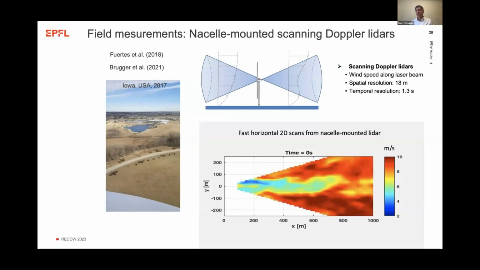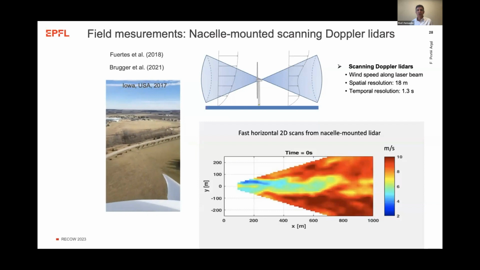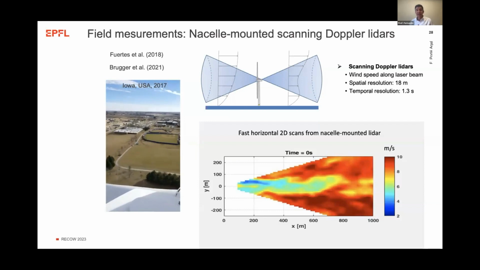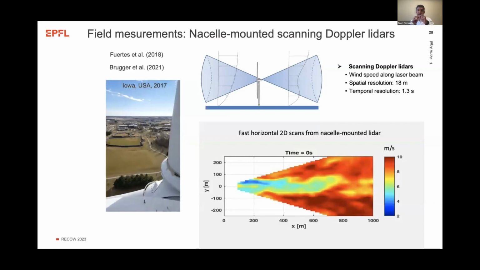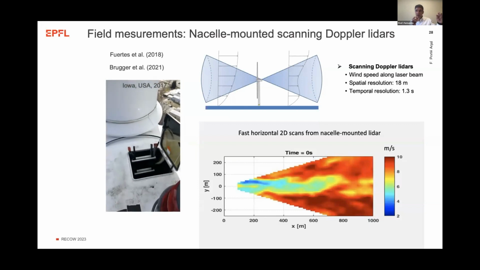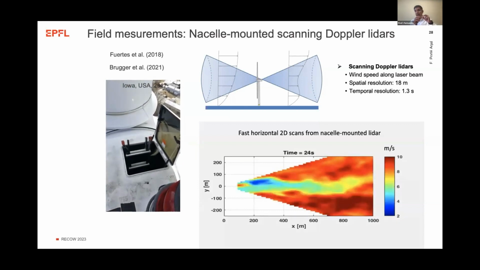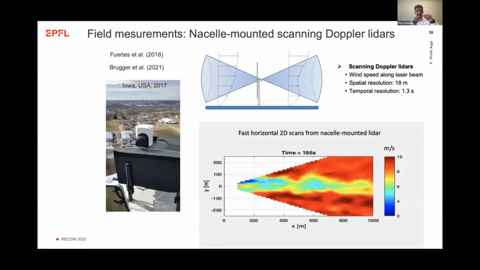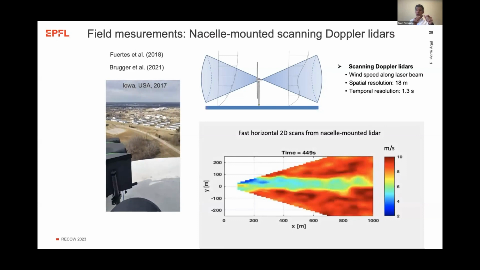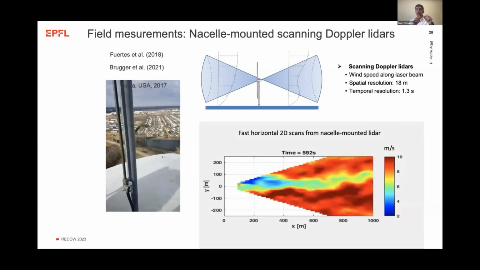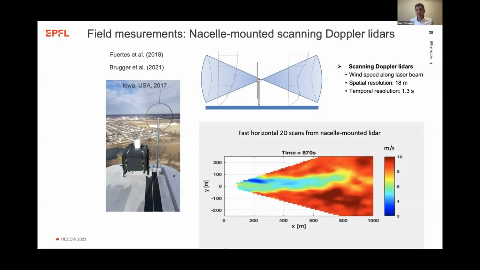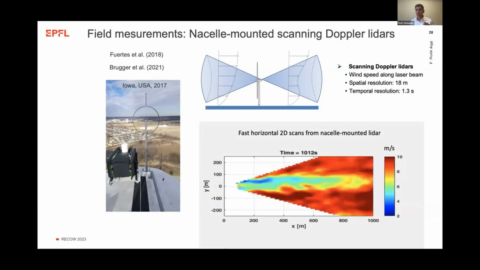What we do is use so-called scanning Doppler wind lidars. They are laser-based instruments. You shoot a laser beam, and it uses the Doppler effect with the aerosol particles in the air, and it is able to measure along the laser beam the component of the wind speed in that direction, at a spatial resolution of 18 meters and a temporal resolution of 1.3 seconds.